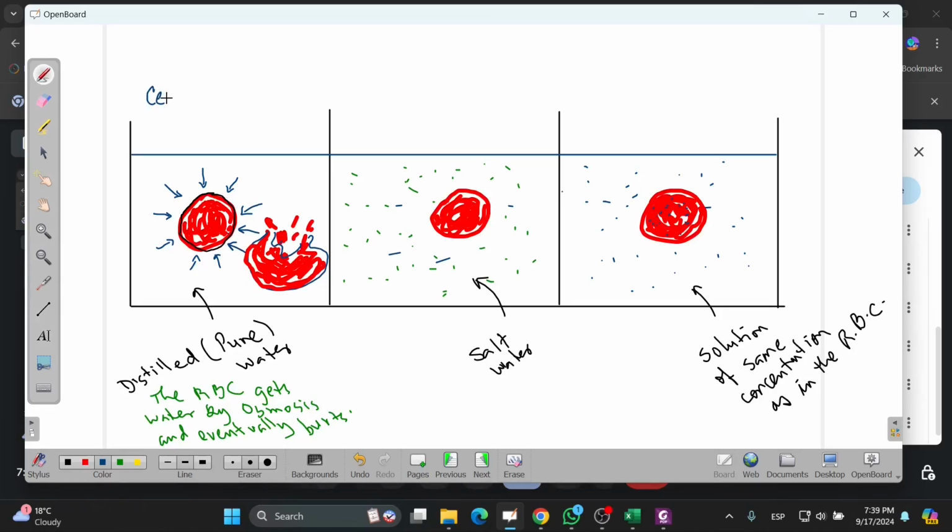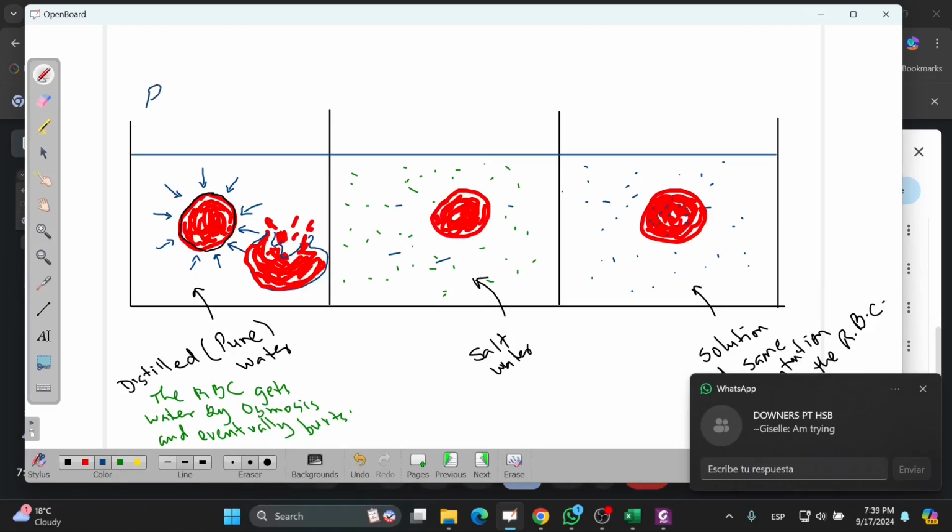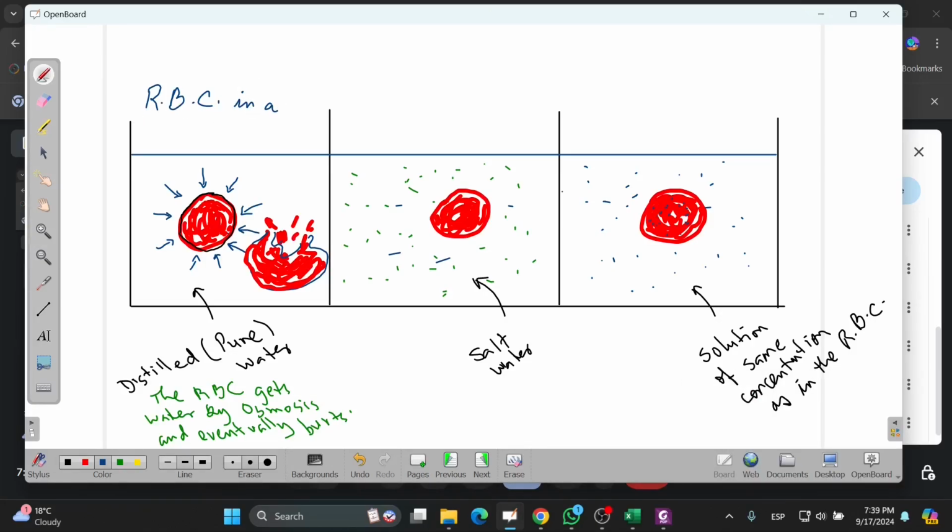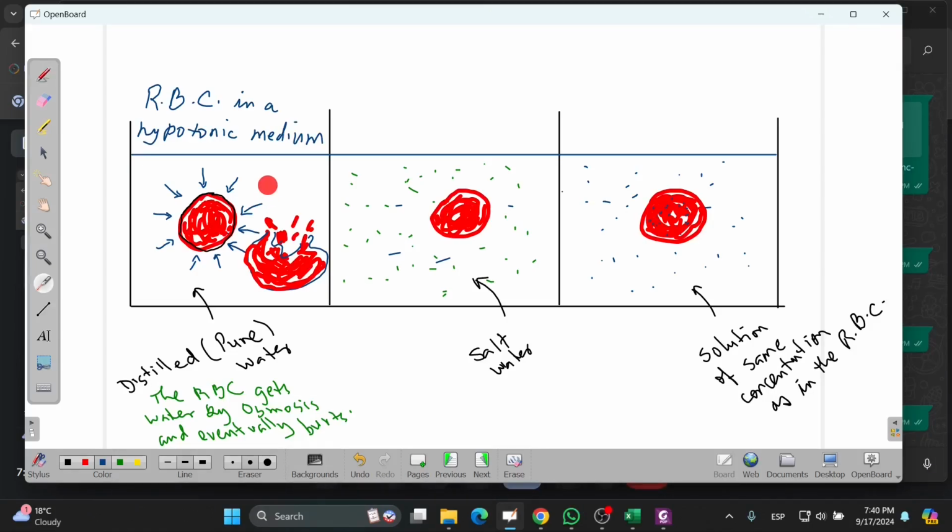Let's say a red blood cell in a hypotonic medium. When it is more dilute or more watery, or just water outside the cells, we say that medium is hypotonic. Hypo means below normal.